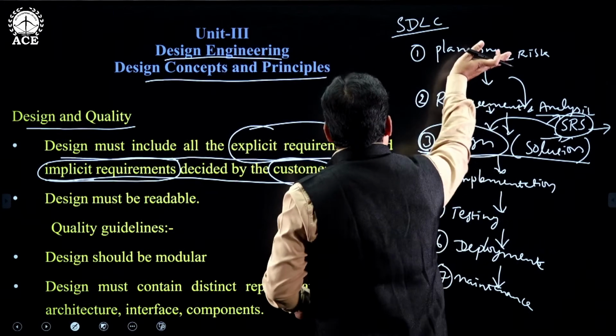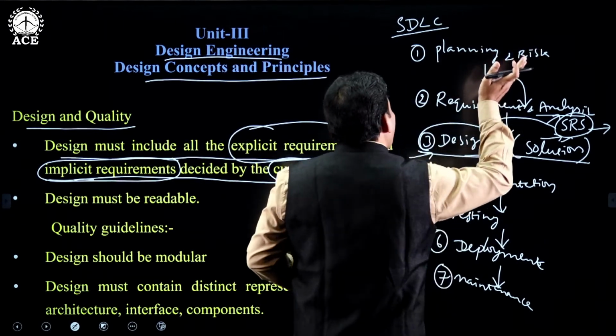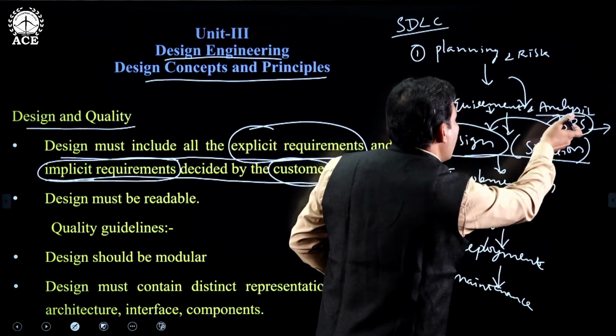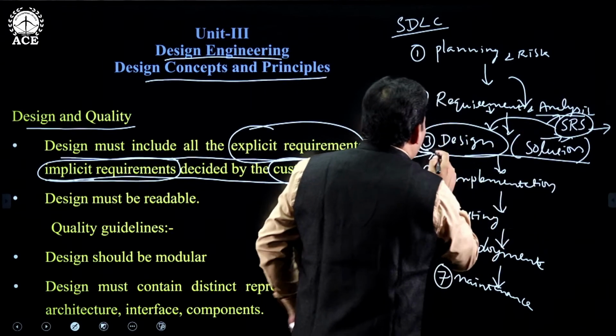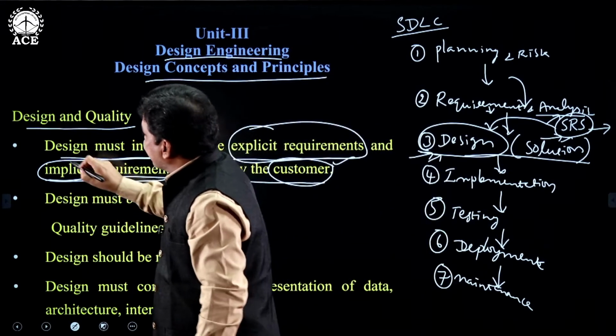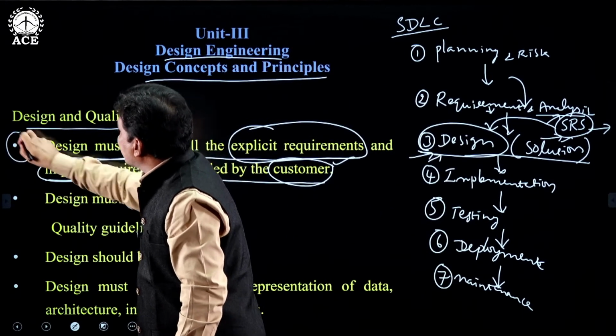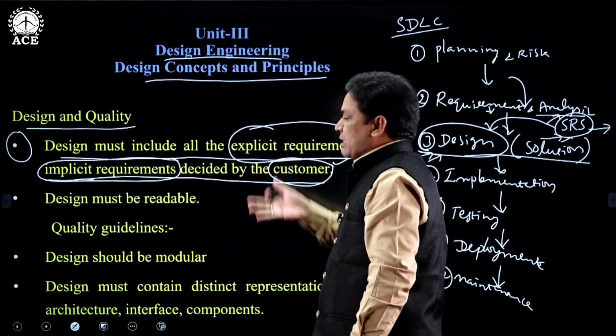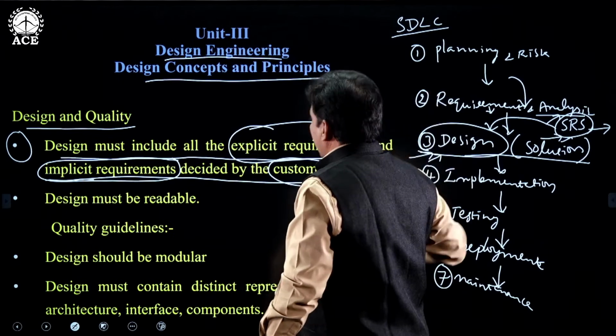So whatever requirements were specified by the client in the SRS document, based on the SRS document only, design should take place. That is the first point about design and quality: design must include implicit and explicit requirements which are given by the client.